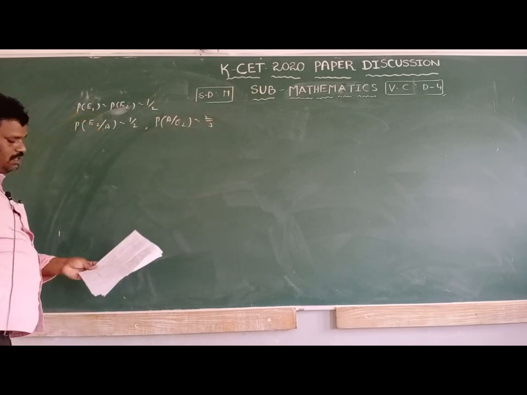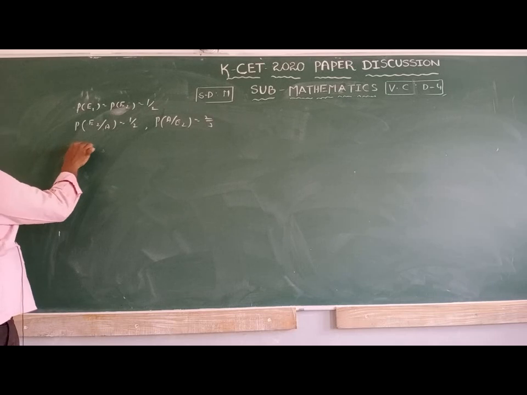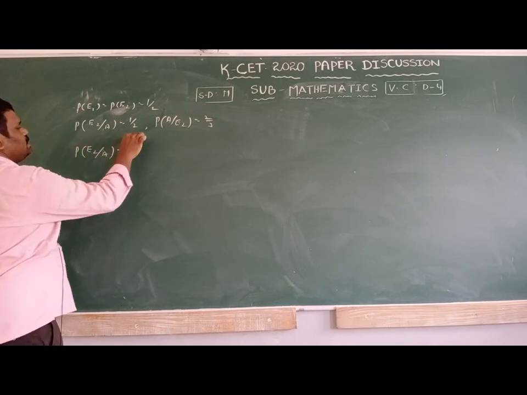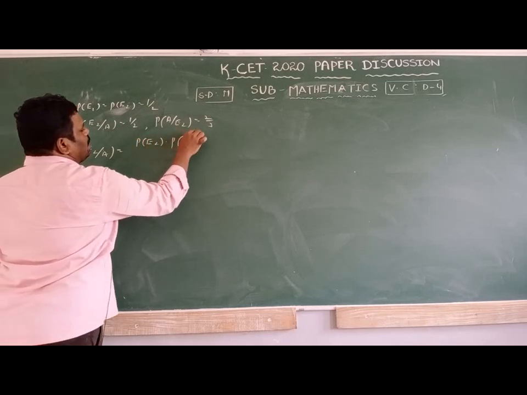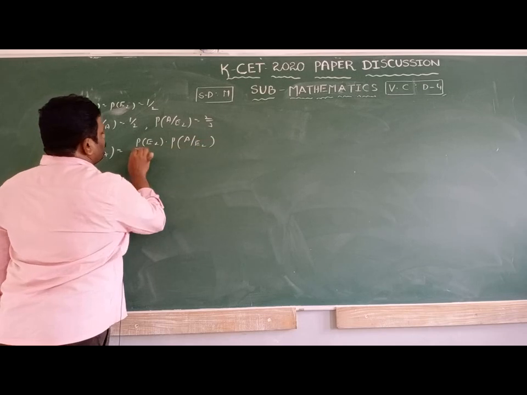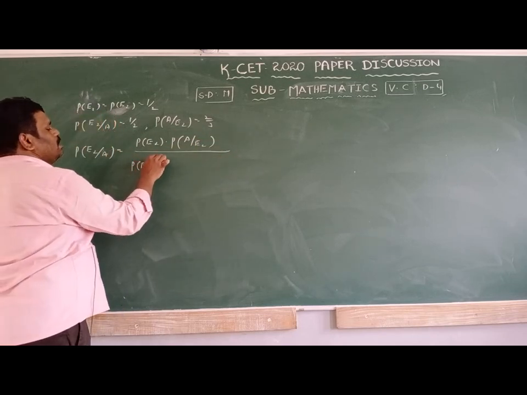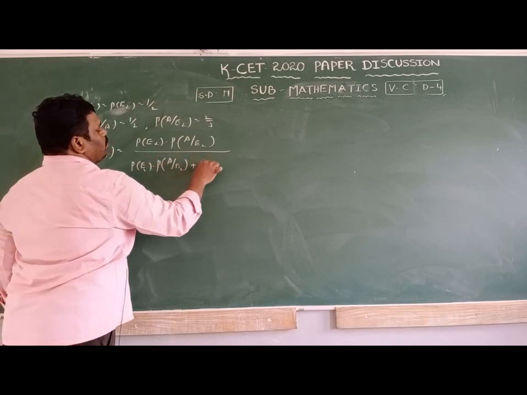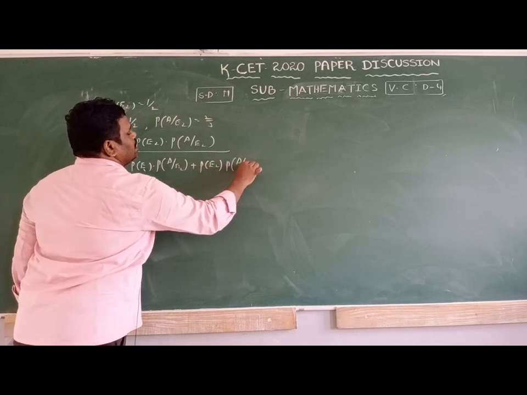Now if you want to find the probability of E1 divides A, it is not directly possible. First we consider the value probability of E2 divides A. Applying Bayes theorem: probability of E2 into probability of A divides E2, divided by the sum over both events: probability of E1 into probability of A divides E1 plus probability of E2 into probability of A divides E2.